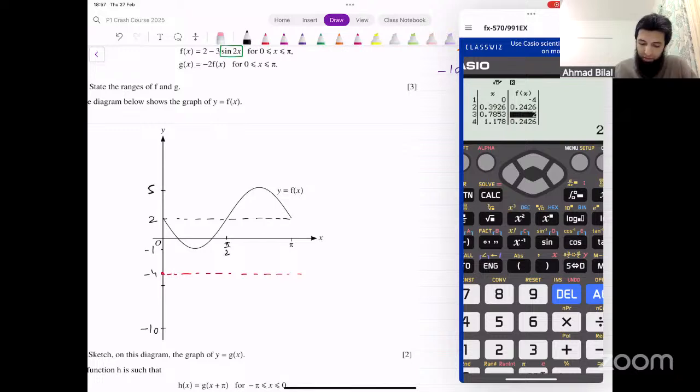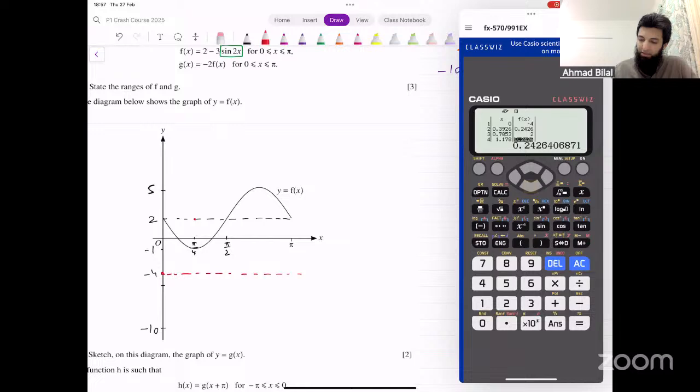And we divide that by 2 again, that will be pi over 4. So at pi over 4, we've got 2. So this value is 2. And then next, after that, we have -4 at pi over 2. And then -10 at this number here. This would be 3 times pi over 4, right? So that would be 3 pi over 4. So the next point is at -10. And then at pi, it is -4 again.